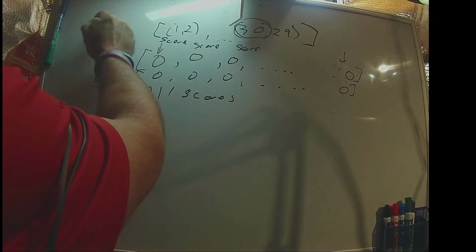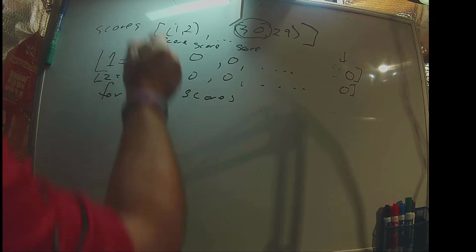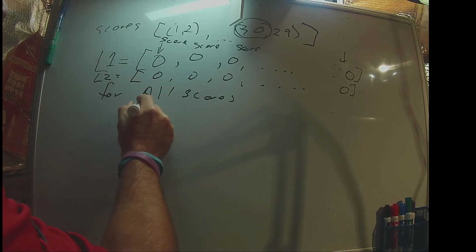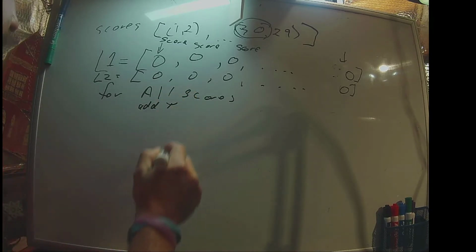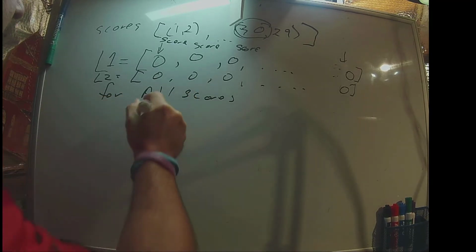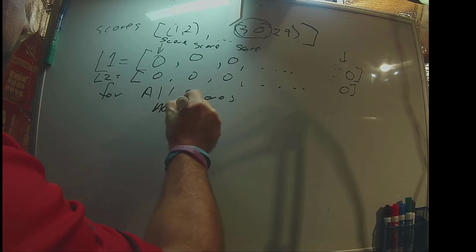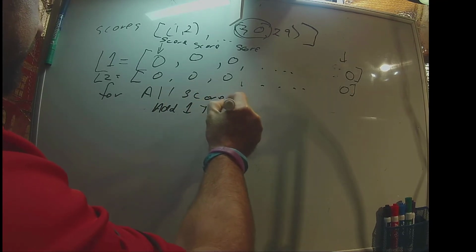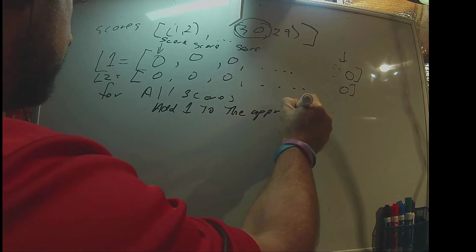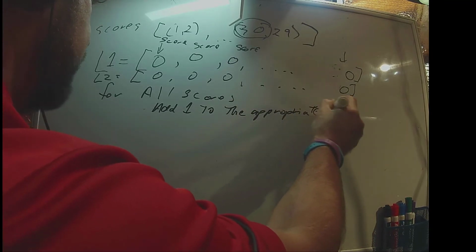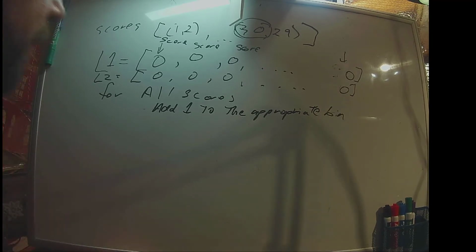right, this is the scores array. For all scores, add 1 to the appropriate bin. Right, so what does this mean?